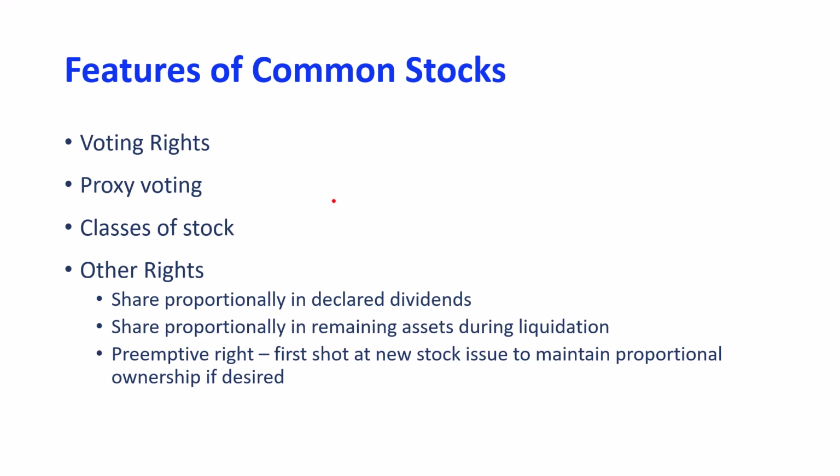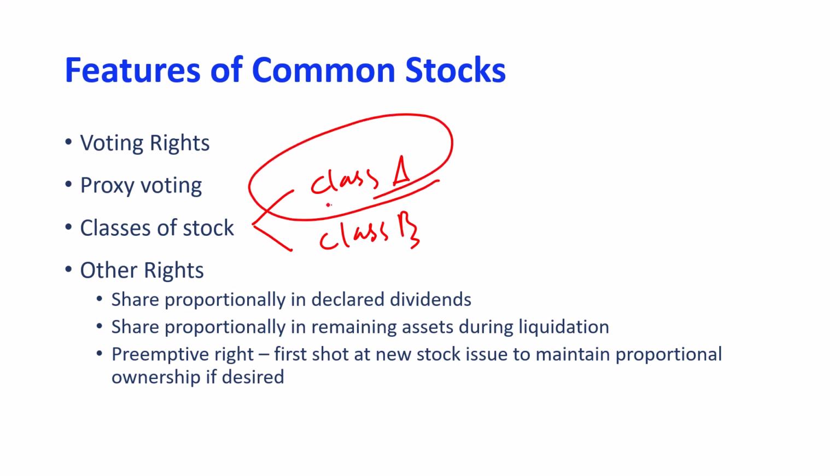There are some situations where companies have multiple classes of stocks, for example, Class A shares and Class B shares. Especially in recent decades, technological companies have this setting where usually the founder owns one class of shares and the remainder of the investors, the outside investors, own the other class of shares.